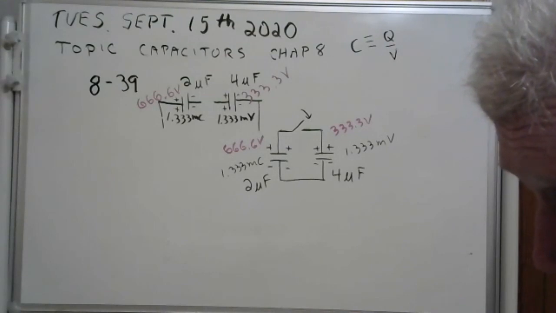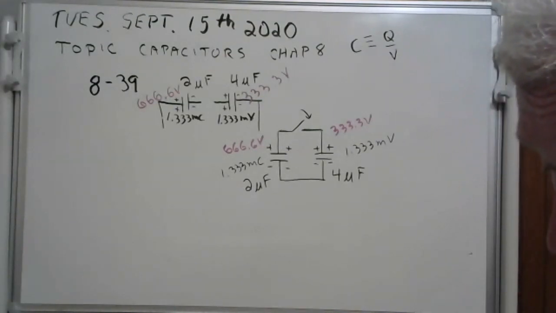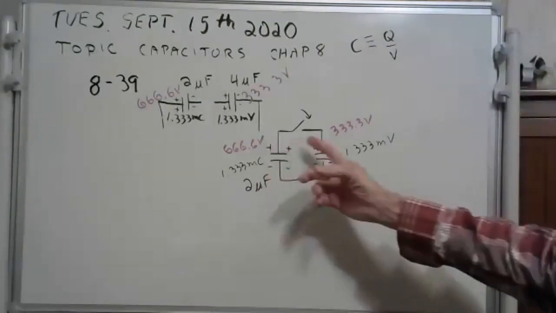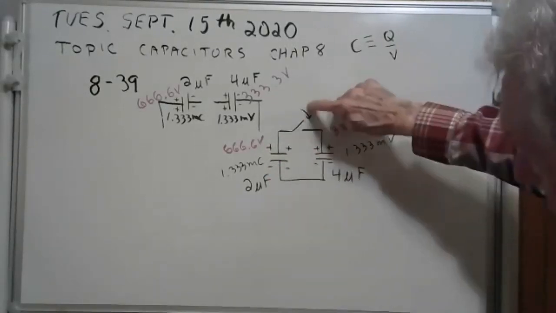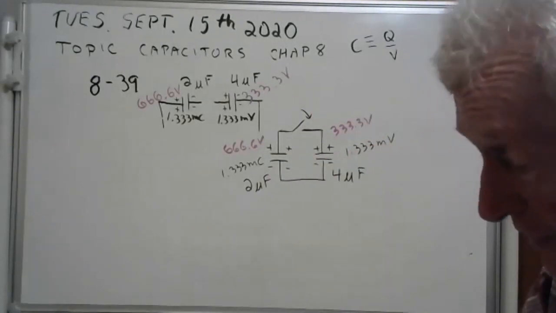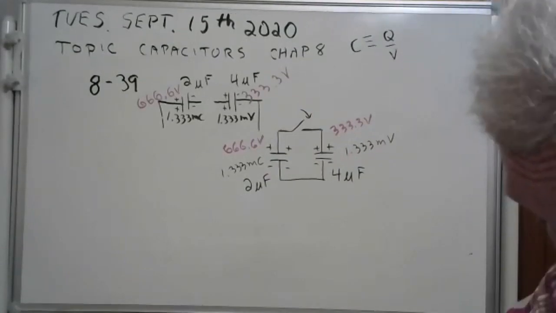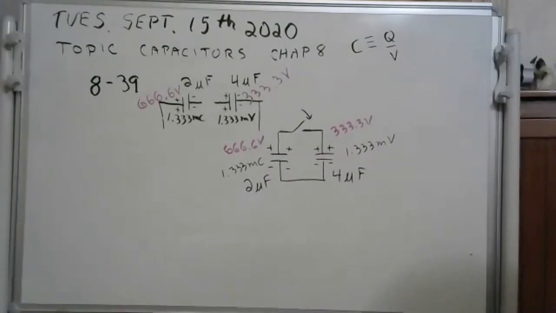In parallel, what do you know about parallel? The charges are different. Yeah, the charges are going to be different. What's going to be the same? Volts. Well, right now, the volts are not the same, are they? But when you throw that switch, I think the volts will have to be the same, because that's what happens with parallel. The volts are the same. So how are you going to get the volts to be the same? Any suggestions?